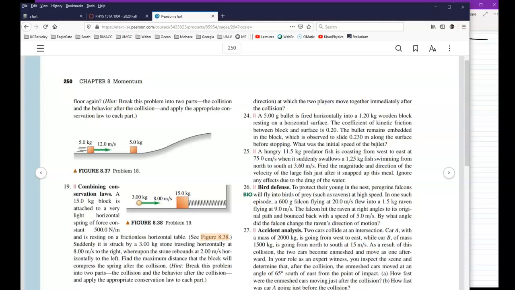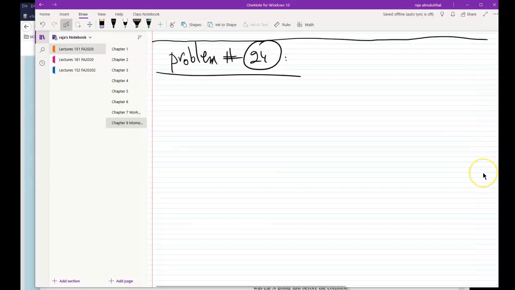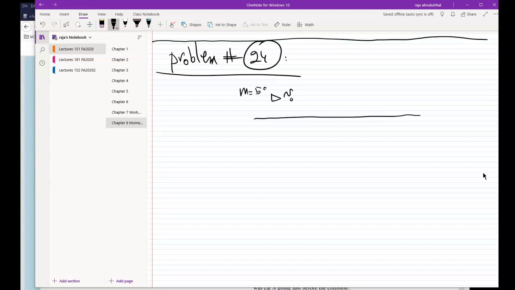So the story is the following. By the way, this is an old way of finding the speed of a bullet. We have a bullet here with some velocity we don't know. The mass of this bullet is 5 grams, mass M1. Here is a big wooden block just sitting there, but the surface is not frictionless.